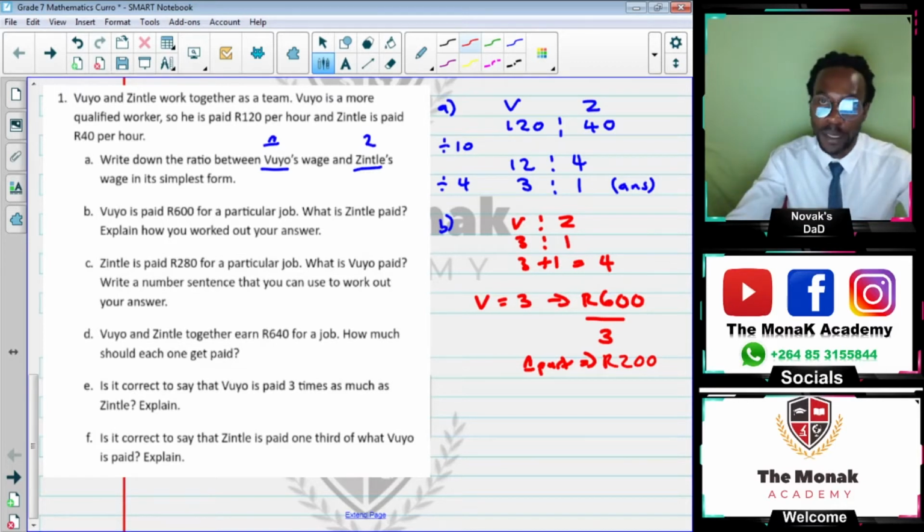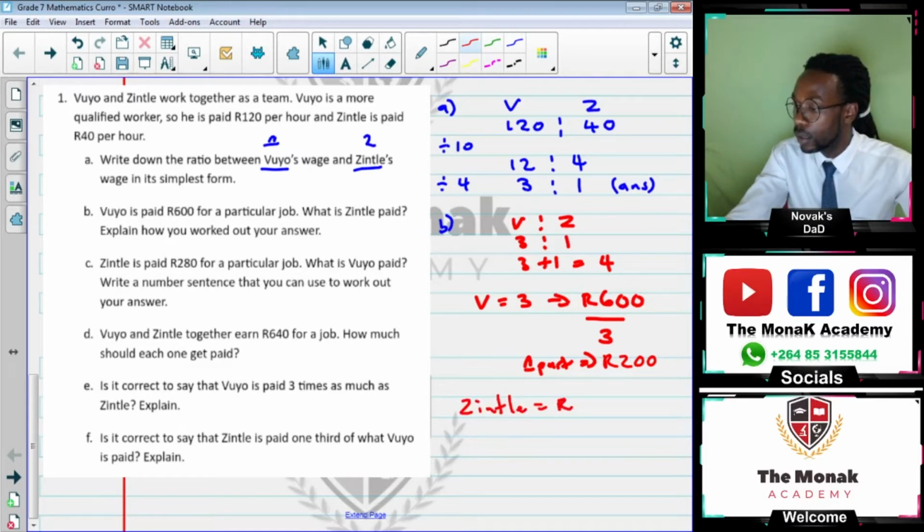As you can see, 1 part in this ratio represents 200, and we know that Zinhle is only getting 1 part. Let's go again: we know Vuyo and Zinhle is 3 is to 1. 3 plus 1 gives you 4 parts. But we know Vuyo, who is getting the 3 from this ratio, got 600 rands.